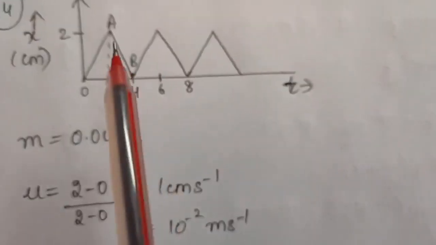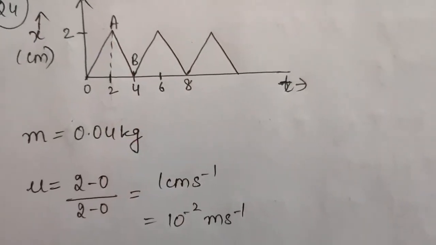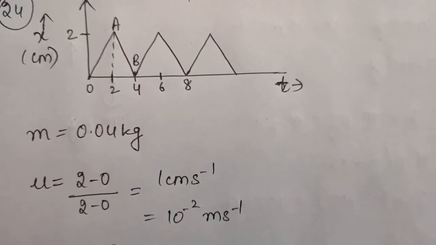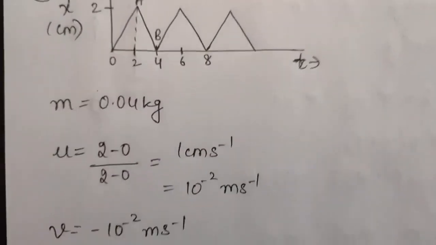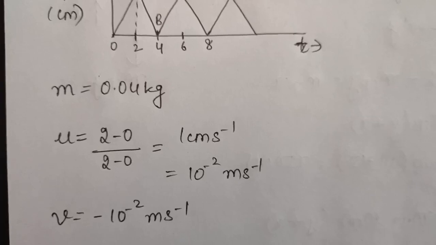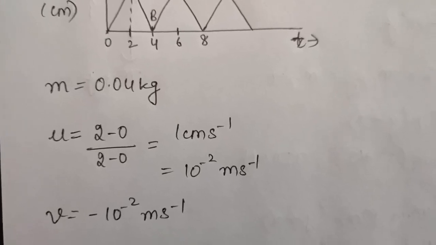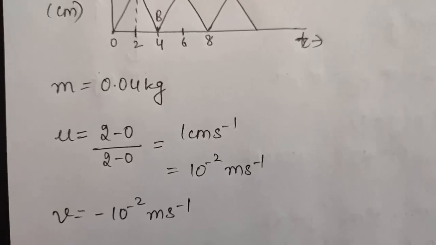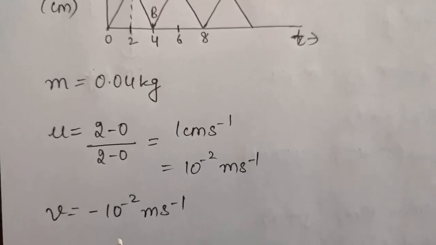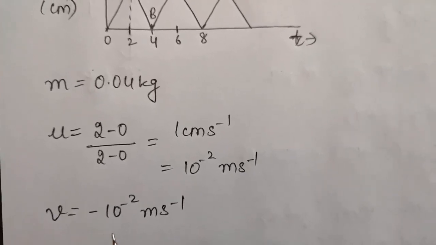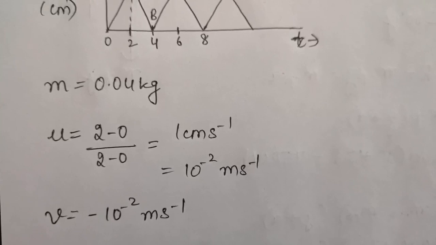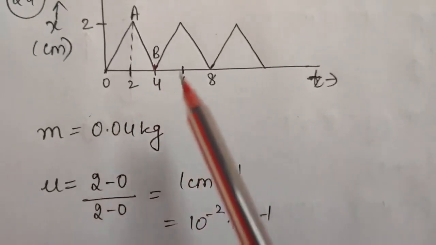Now again, for the motion from A to B, the graph is a straight line but it is going downwards. So you can say for this, the final velocity will be minus 10 to the power minus 2 meter per second. Okay, so this negative sign shows you the reversal of direction of motion. Okay, so now this same graph is being repeated.